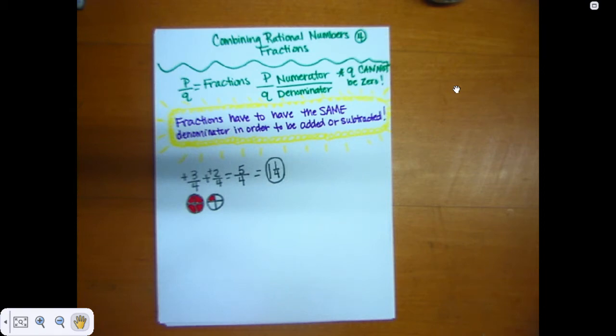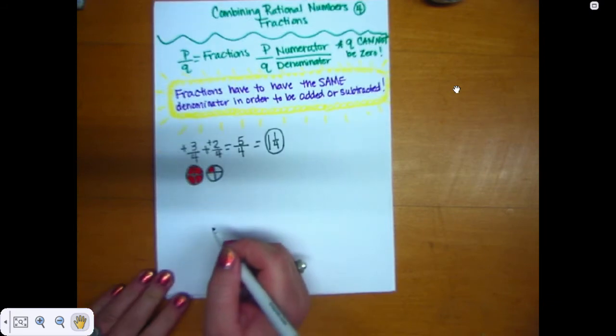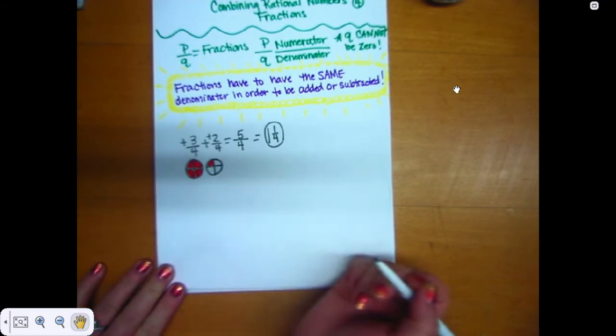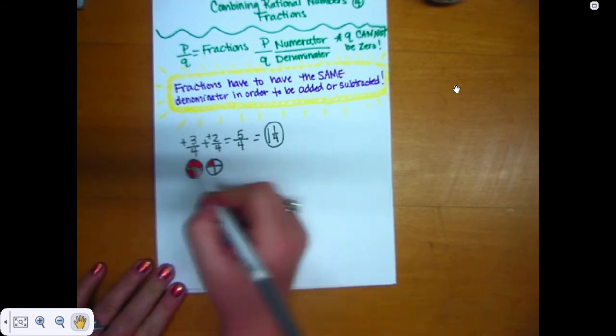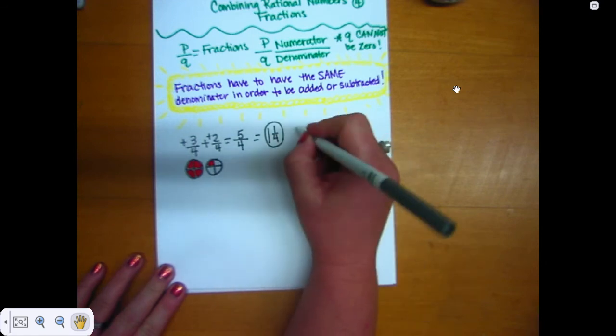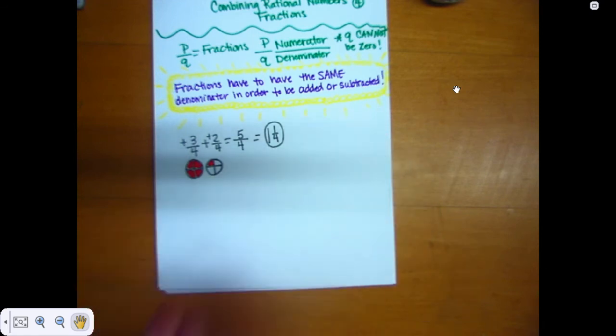But what if I don't have the same denominator? So if I don't have the same denominator, actually let's make a little note here. Let's do it in blue because this is what I'm thinking.